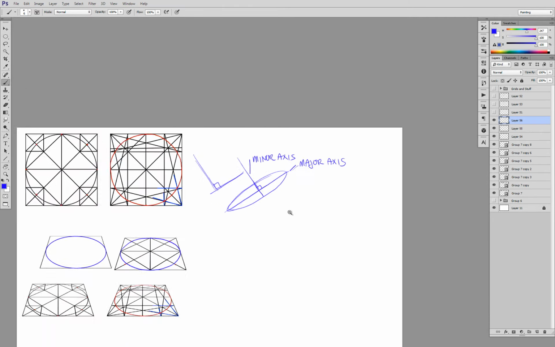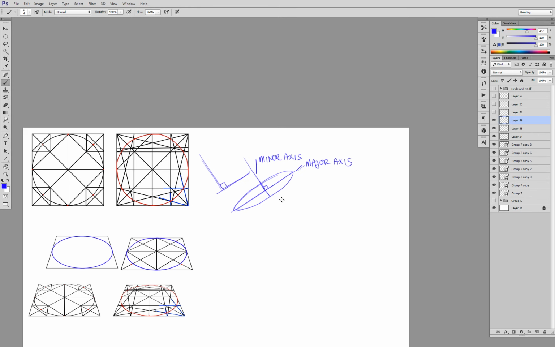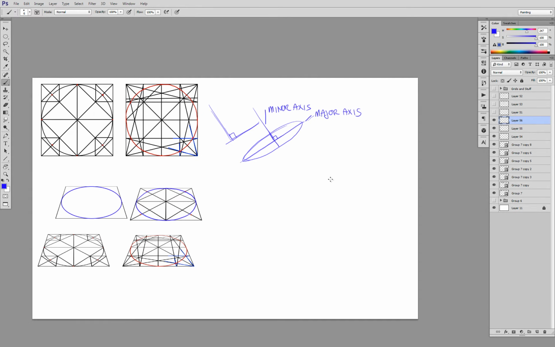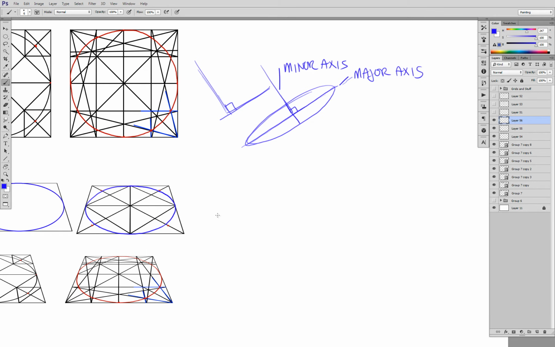So why is that important? Well, it's important because often when we're drawing ellipses, we actually have a center line of that object. So the center line of something like a car wheel would be the car axle, perhaps. Or, if we're drawing a cylinder, the center line of the cylinder is good to put in from a construction point of view.